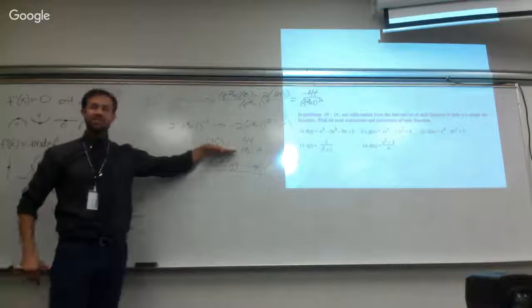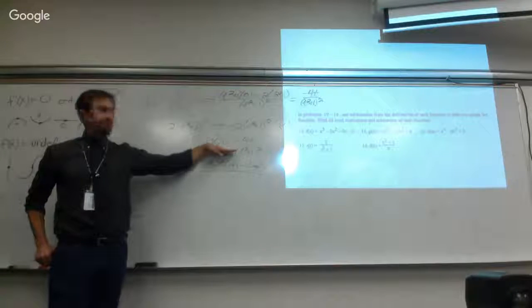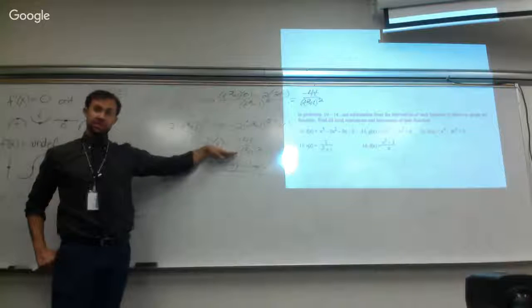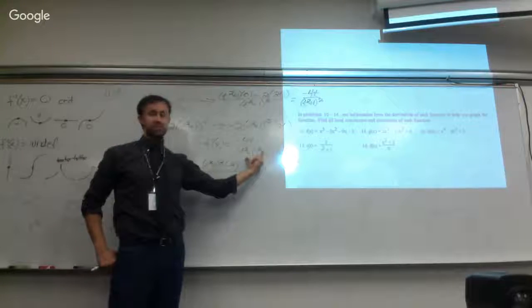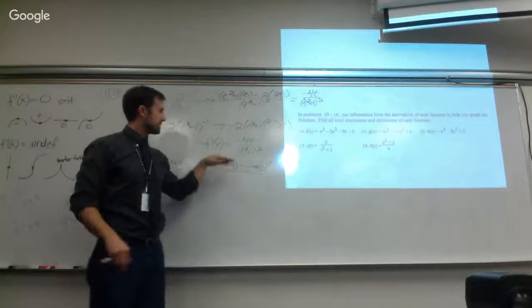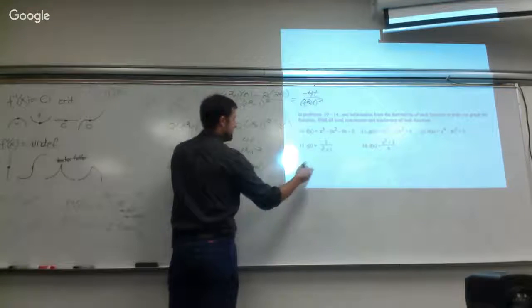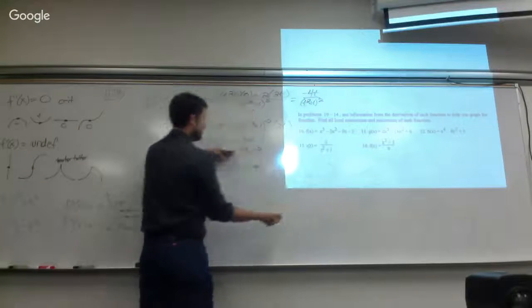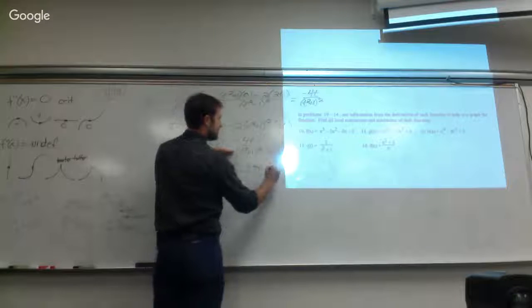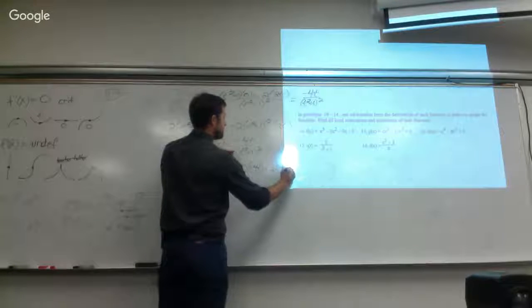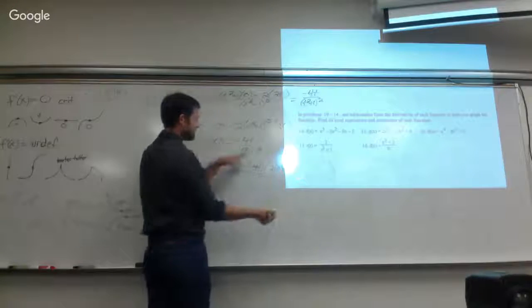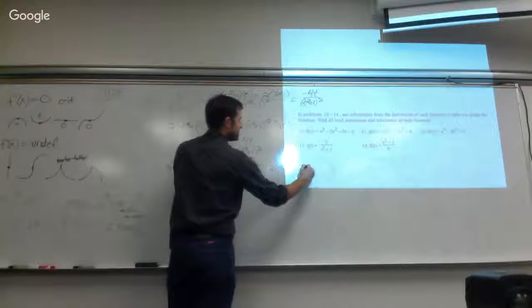So you do have to do the chain rule on the denominator anyway, because the denominator has an outside function and an inside function. So the derivative of that denominator would be 2 times t squared plus 1 to the first, times the derivative of the inside, which is 2t.